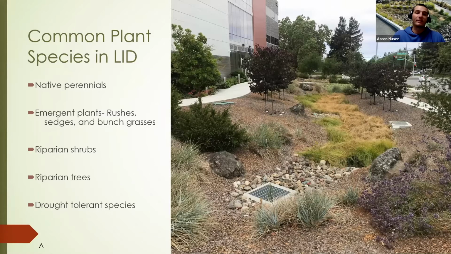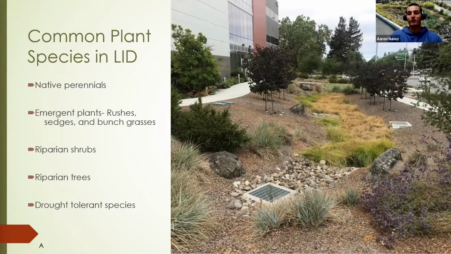These species have been specifically chosen because of their ability to uptake pollutants. The uptake of pollutants suspended in stormwater has been well studied, and it's really a function of species composition and time. If we have the correct composition of species, the species that we've chosen for Appendix F, and if these features are designed correctly to hold the water, the longer you hold the water, and with the correct composition of species, you can uptake up to 90% of pollutants suspended in stormwater in some controlled studies.